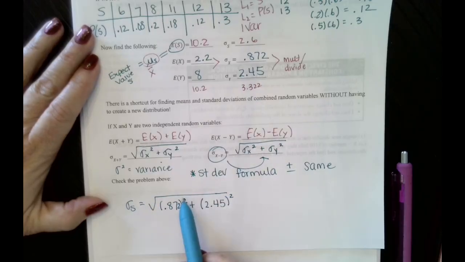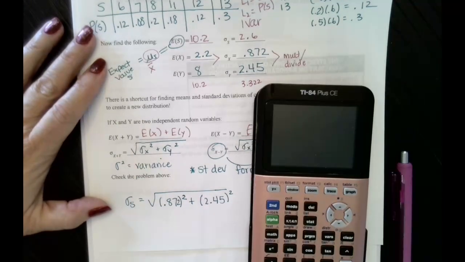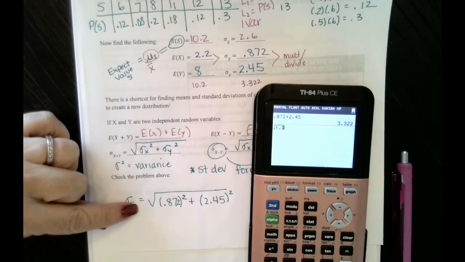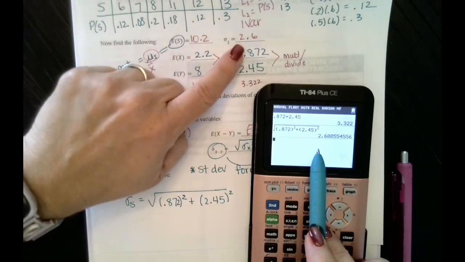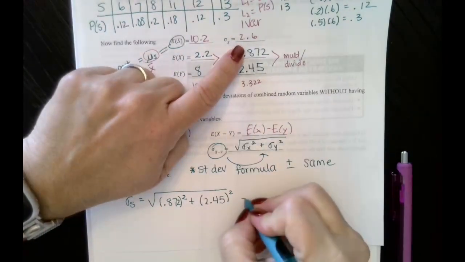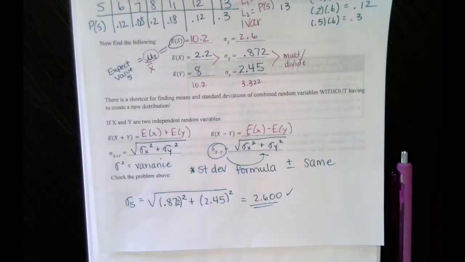And I'm taking the square root of it because this is the standard deviation. If I didn't take the square root, it would be the variance. Let's plug this in the calculator. I take the square root of 0.872 squared plus 2.45 squared, and what I get is 2.600, which is exactly what we wanted up here. So this value becomes 2.600, and we know that that works.